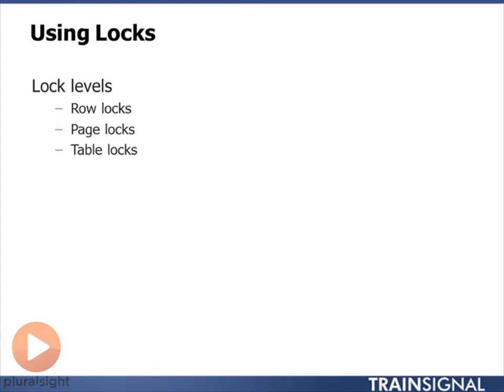Now, one of the things to keep in mind about a page lock, or eventually a table lock, is that if you have a lock at that level, you are now not just locking the data that you're working with, you are locking all the data inside of that page, or all the data inside of that table. This is known as lock escalation, and lock escalation can be something that's going to really impact performance.